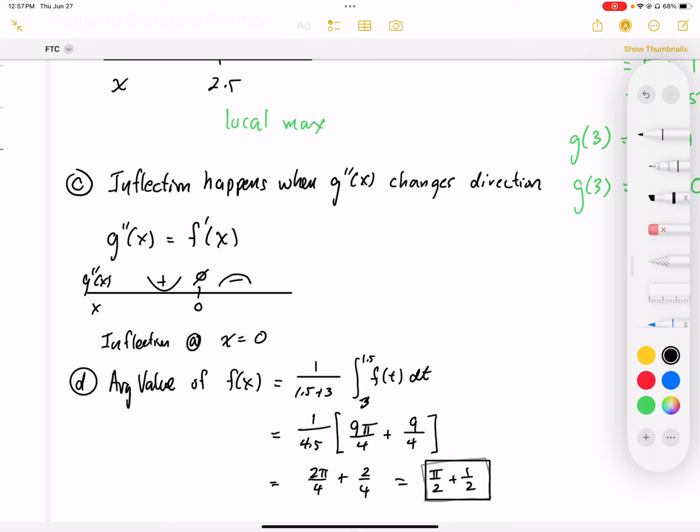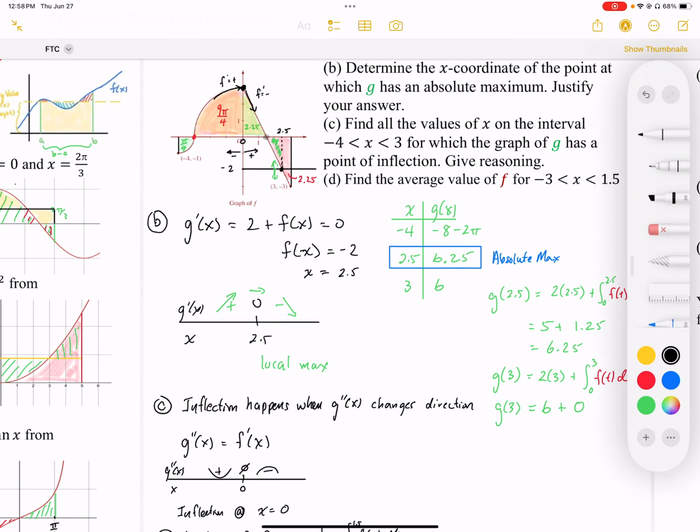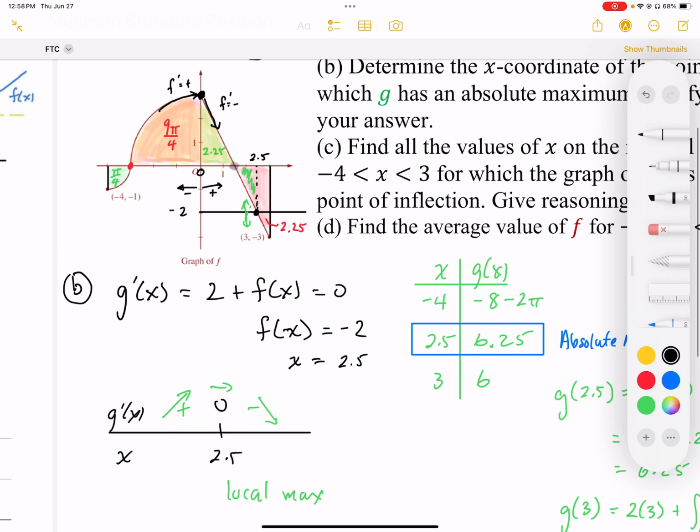Okay, so the average value of this is going to be approximately 2.04. So if you take a look at this graph, the average value of this graph is going to be somewhere around here between that interval. Between there, the area above and below that black line should be approximately the same.